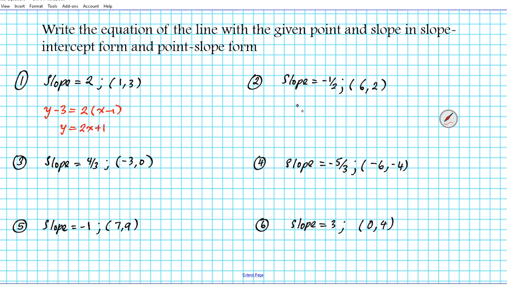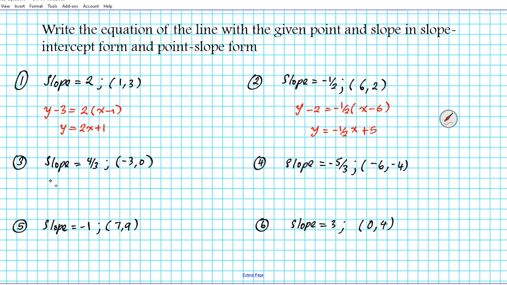For number 2, the point-slope form is y minus 2 equals negative 1/2 times the quantity x minus 6, and then the slope-intercept form is y equals negative 1/2 x plus 5.